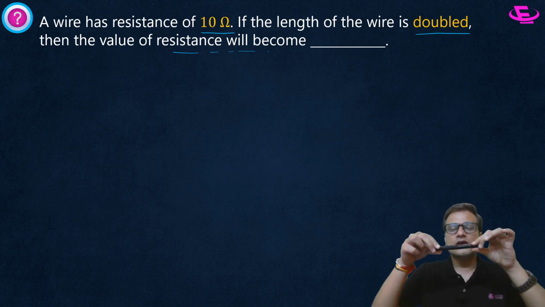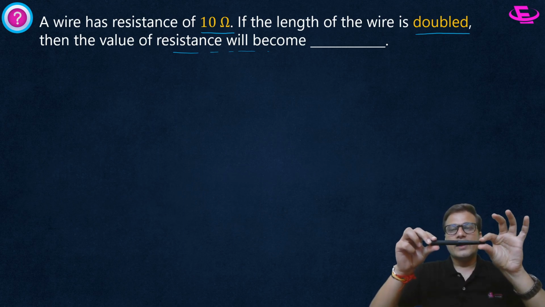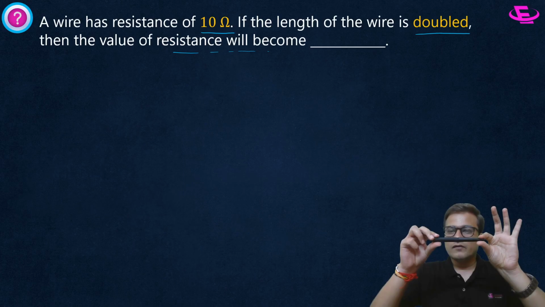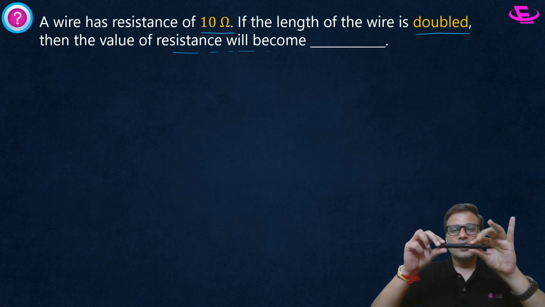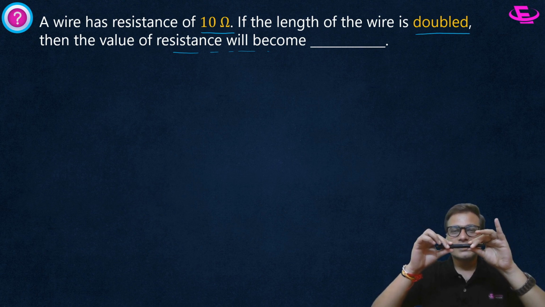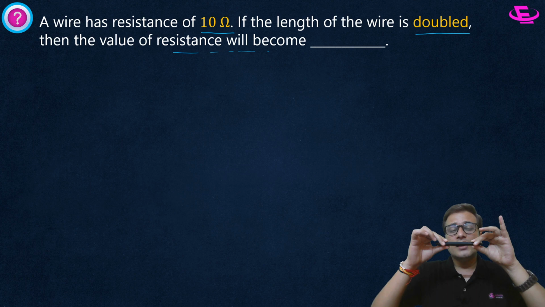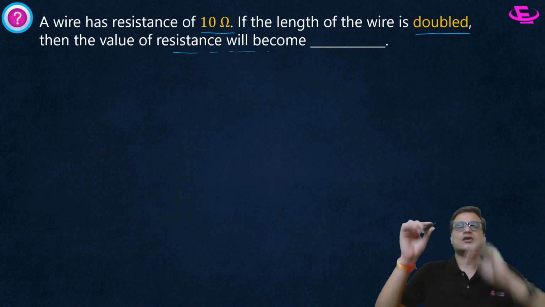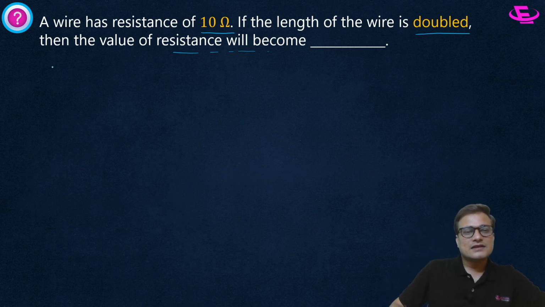What you have to think, this is the wire, it has some fixed volume of material. Clear? Now how can you double its length? If you want to double its length, you will have to stretch this wire. If you are stretching this wire, the way its length is increasing, its area will be decreased. Why? Because volume is constant. So now you'll have to apply this concept.